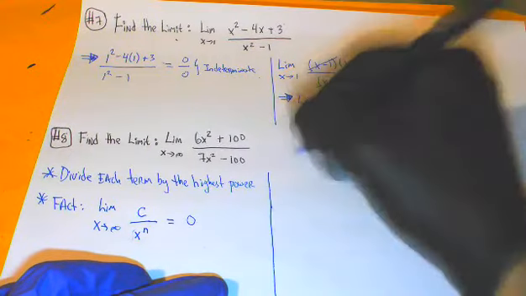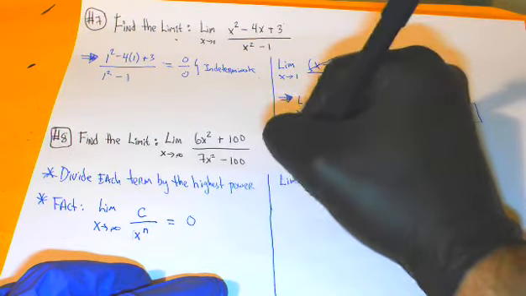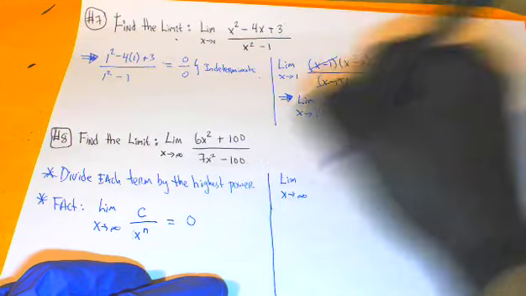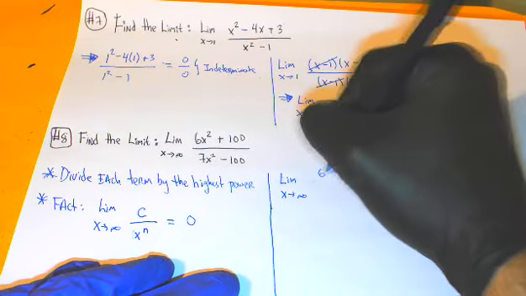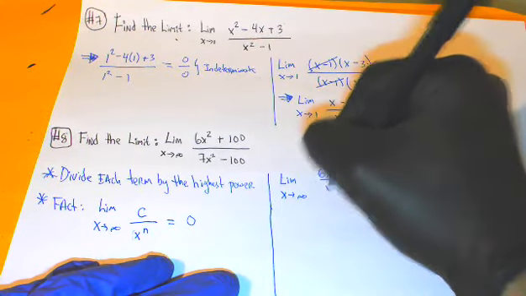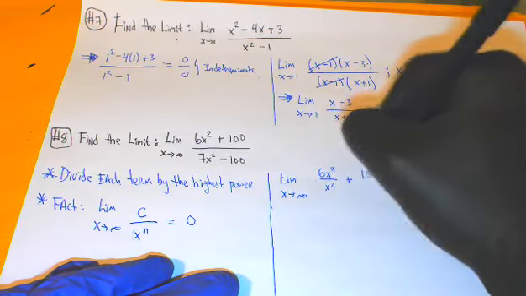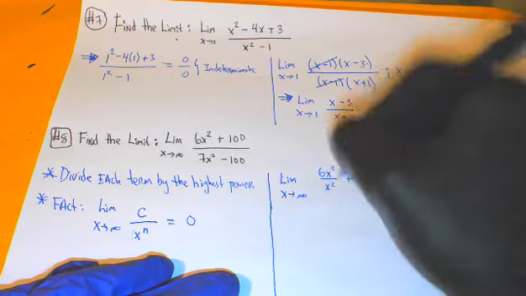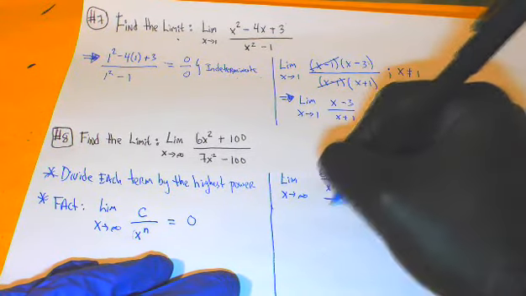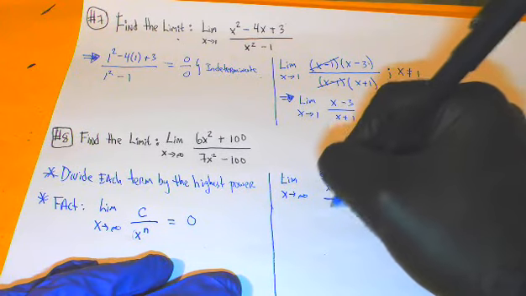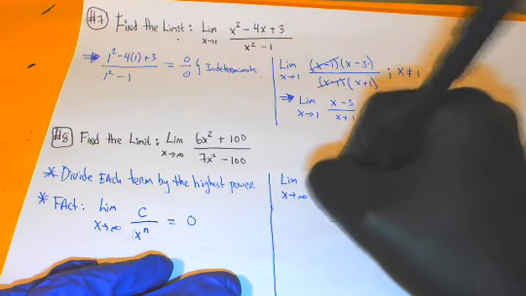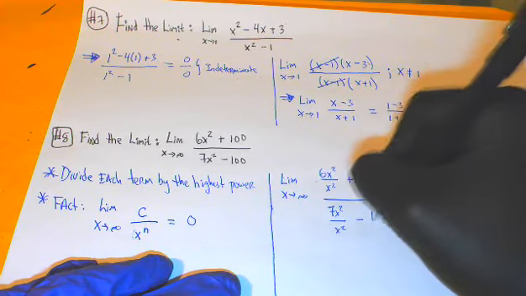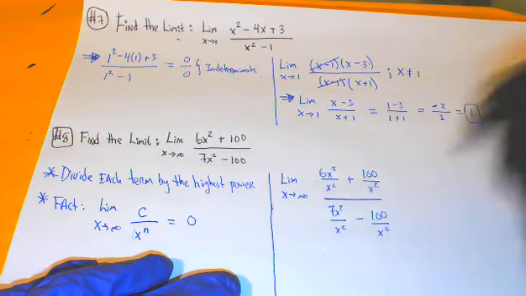So we have the following. We have the limit as x approaches infinity of, in the numerator, 6x squared over x squared plus 100 over x squared, divided by 7x squared over x squared minus 100 over x squared.